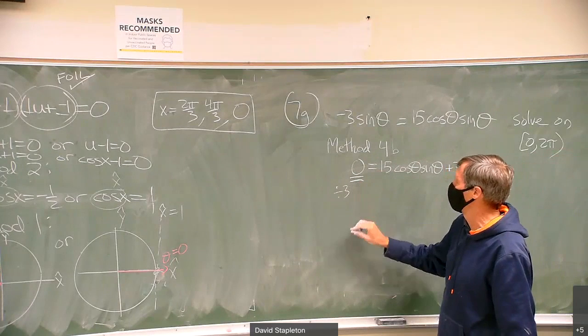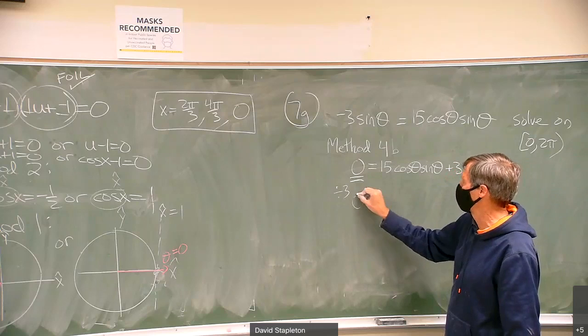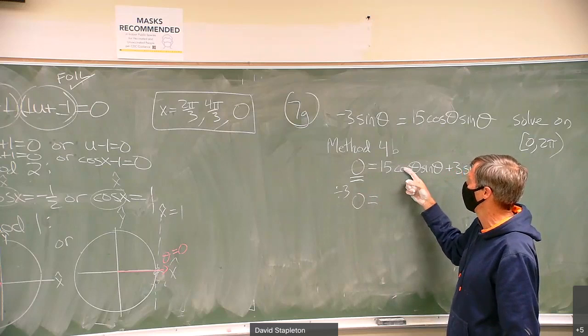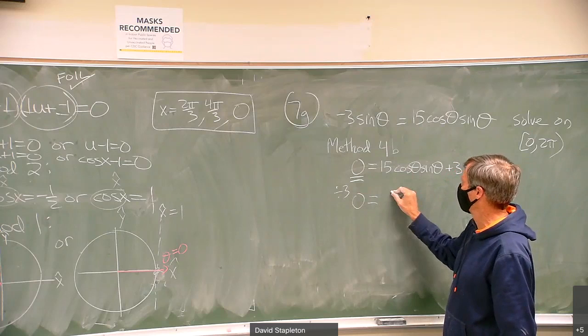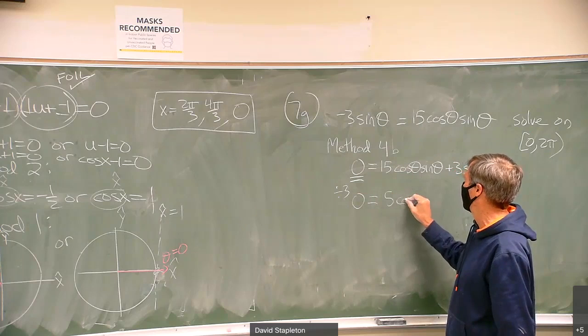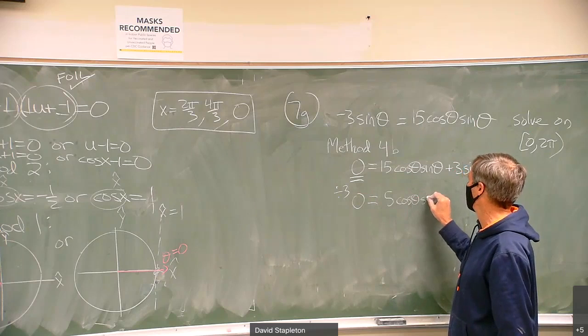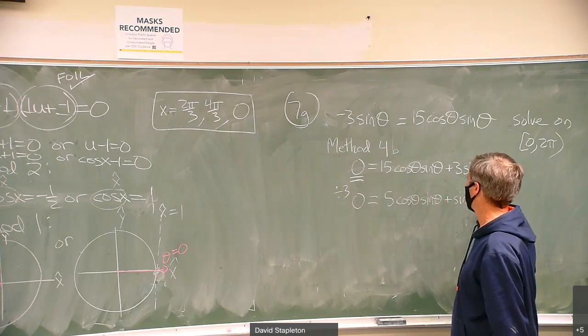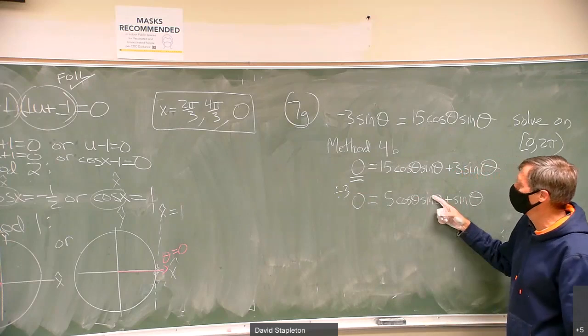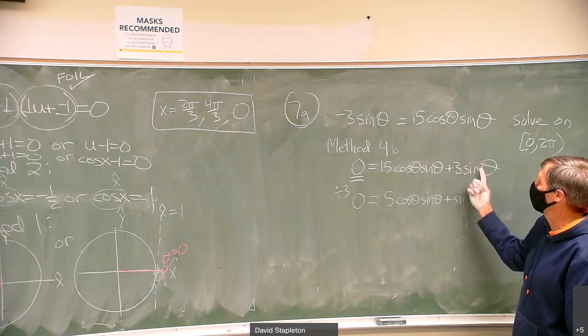I can divide both sides by 3 and it won't change the solution set. I just have to be careful about dividing by sine theta or cosine theta. They could be 0. If I divide by 3, this becomes 0 equals 5 cosine theta sine theta plus sine theta.